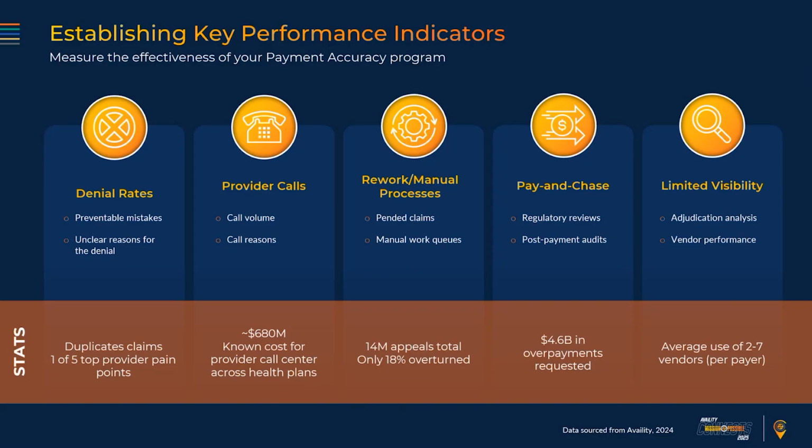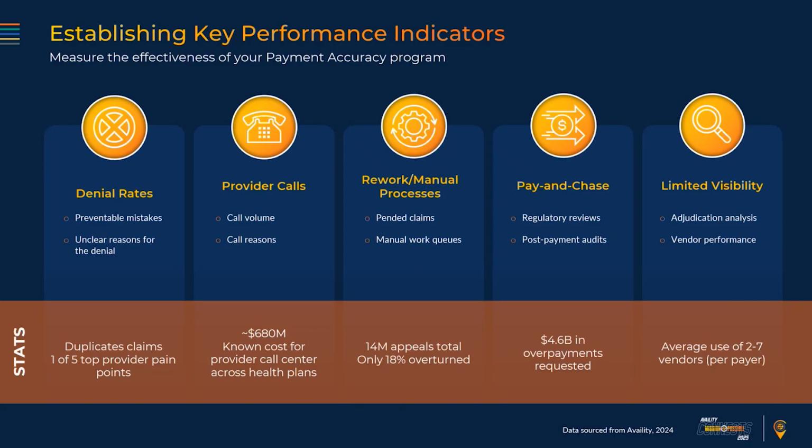As far as rework and manual processes, we also found within our Availity network in 2024, there were 14 million appeals submitted, and only 18% of those were overturned. So again, we like to do it right the first time. And for pay and chase, within our network $4.6 billion in overpayments were requested or initiated.